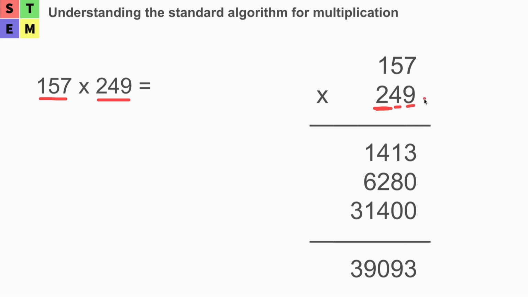So again, the first step is we are going to use 9 times 157. Okay, so again, we can go into the details. So 9 times 7 equals what? 63. So we got 3 here, we got what? 6 here, right? So and then 9 times 5 equals what? Equals 45.